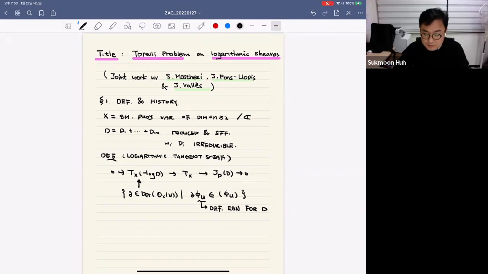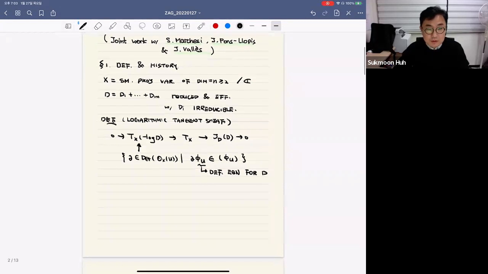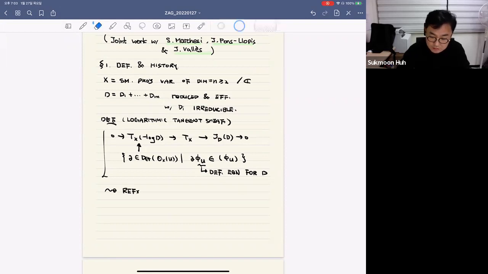So this is how we can define this subsheaf that is called the logarithmic tangent sheaf. And by definition, we can see that this sheaf is reflexive.